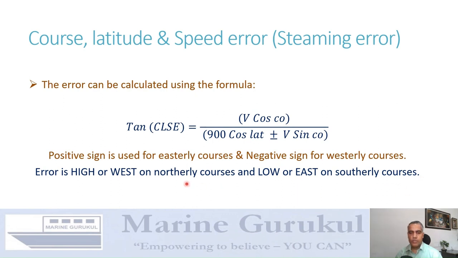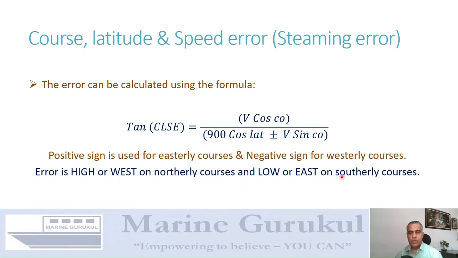If the vessel's course is having a northerly component, that means vessel is moving on a northeasterly course or a northwesterly course, the error is going to be west or high. West and high are interchangeable. You can easily confirm it from the idiom which we use for applying the compass error. Error west, compass west. So a westerly error is also mentioned as high error.